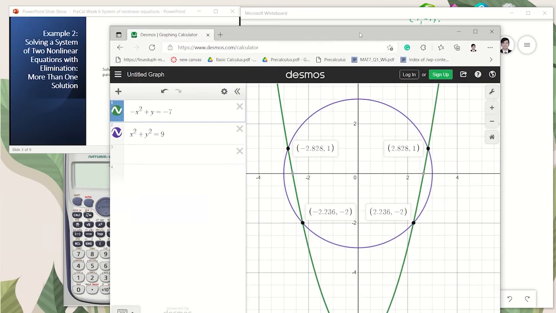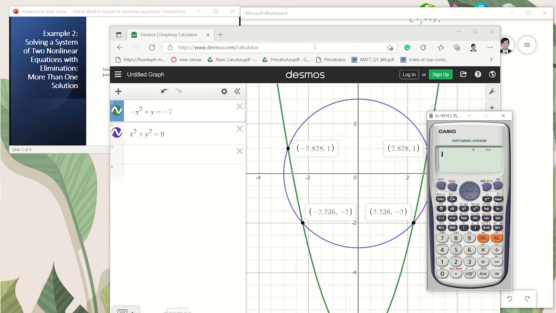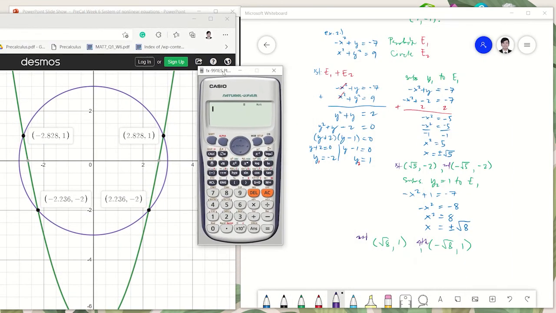Just to confirm as well whether it's really a square root of 8 and a square root of 5, because here in our Desmos, it's in decimal. So just to show to you, let's try to check. The square root of 5, okay, let's use our calculator here. In decimal, that is 2.36, which is here.